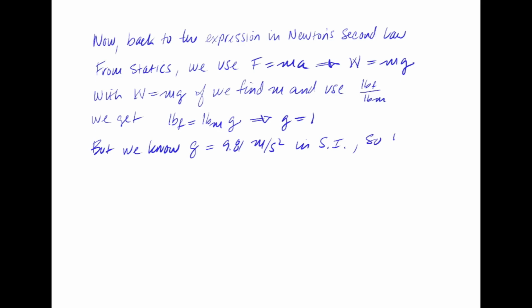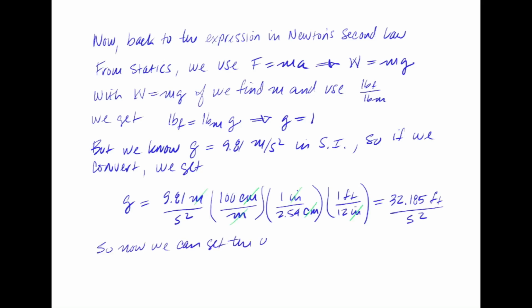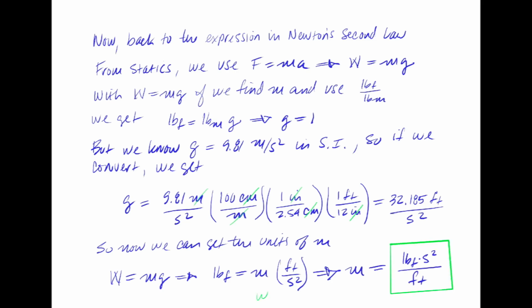So we take the g in SI units converted to FPS, and then we can use that value, 32.185 feet per second squared, to get the units of mass in FPS. And we call this unit a slug. So you see that we just use Newton's second law and solve for mass using the units only.